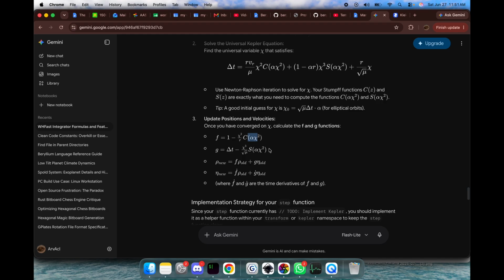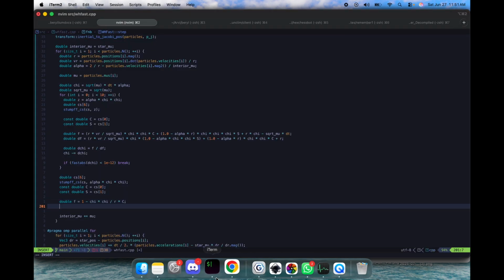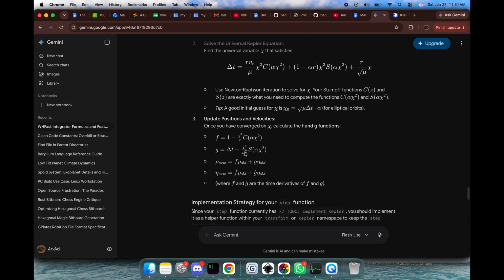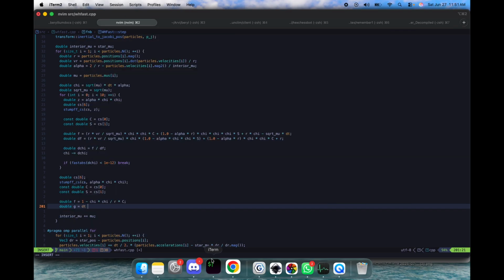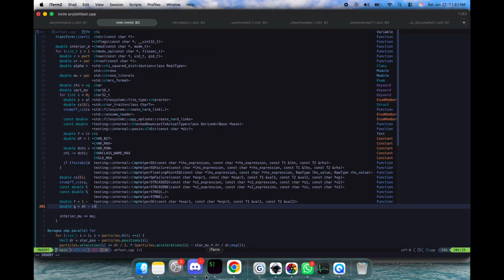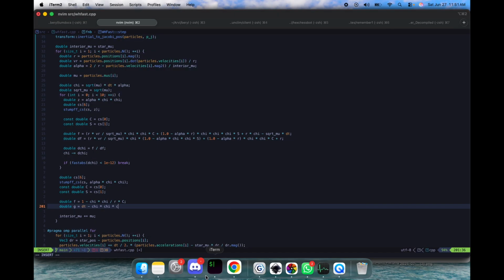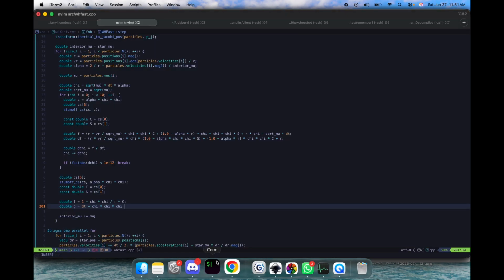So now this is a slightly more complicated one. Double G equals dt minus chi cubed divided by the square root of mu. What?